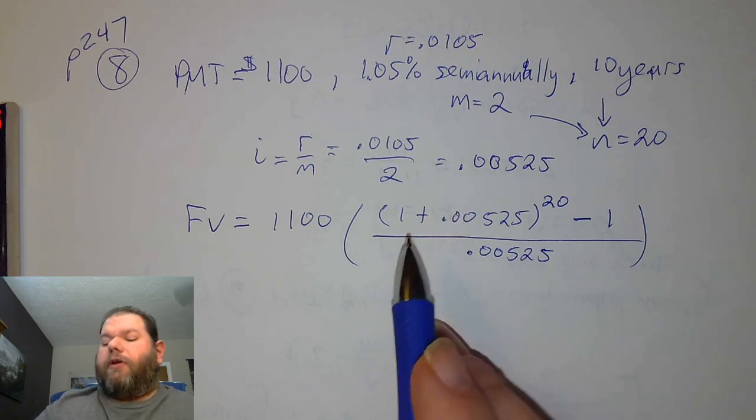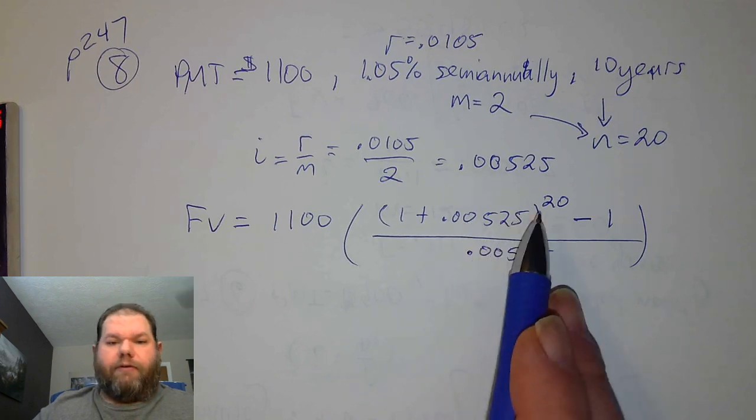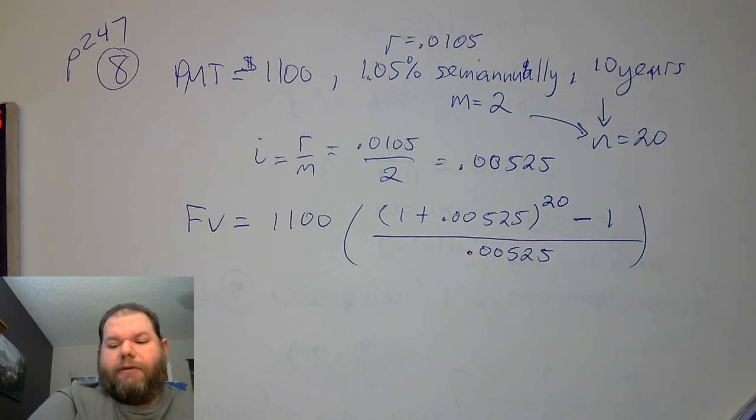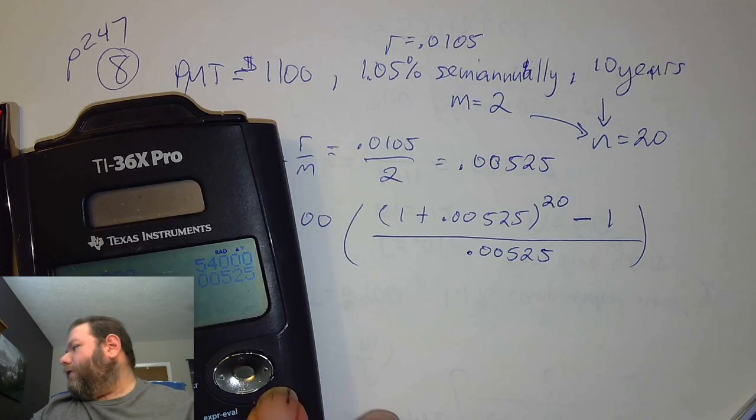Okay. Now when we say 1 plus this, we can basically just say 1.00525. We don't really have to do that addition because we're just appending a decimal to a 1. So let's see.